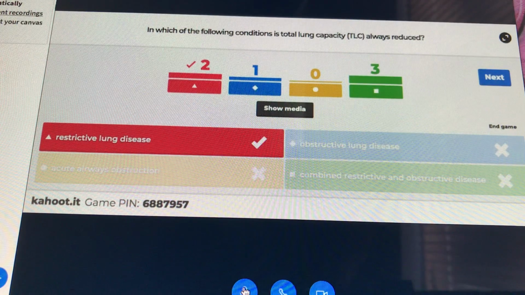That would be restrictive disease, because again, they have problems getting air in. If they can't get the air in, then of course the total amount that their lungs can hold is going to be decreased.